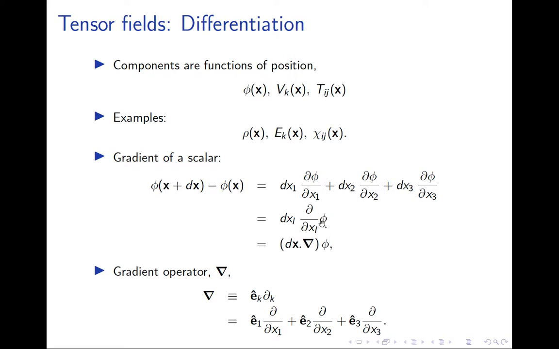You should write the object on which the del is acting to the right of del, or right of the gradient operator. In this case, the derivative is acting on phi, so I've written phi to the right of the gradient operator. Okay, but this must be observed. Many people make mistakes in the exam when they write the phi sandwiched between the dx and del, or to the left of the del, or somewhere here. So all those expressions will give you wrong answers, and you lose credit.